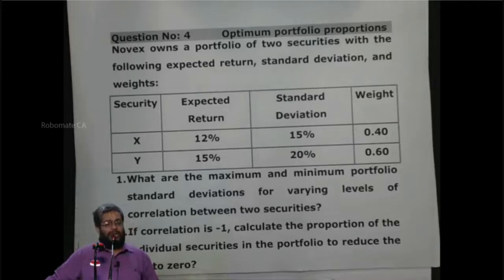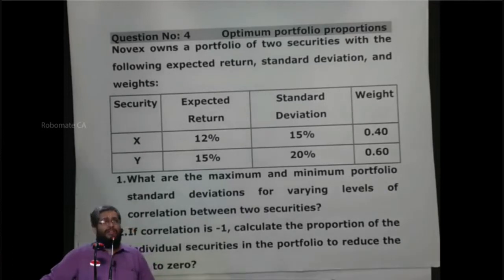If we have probability, we will have the weighted average. Standard deviation of a security, sigma x, is the square root of sigma (x minus x bar) the whole square divided by n. If we have a probability-attached scenario analysis, it is sigma x equal to the square root of sigma p into (x minus x bar) the whole square. This is the first lesson we have learned in these portfolio theories.